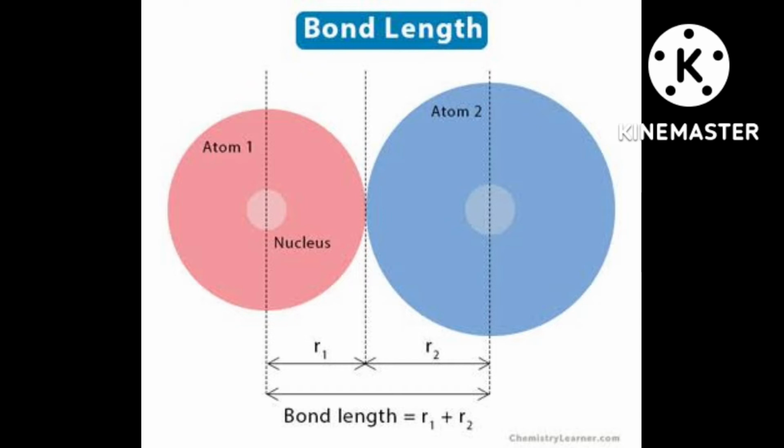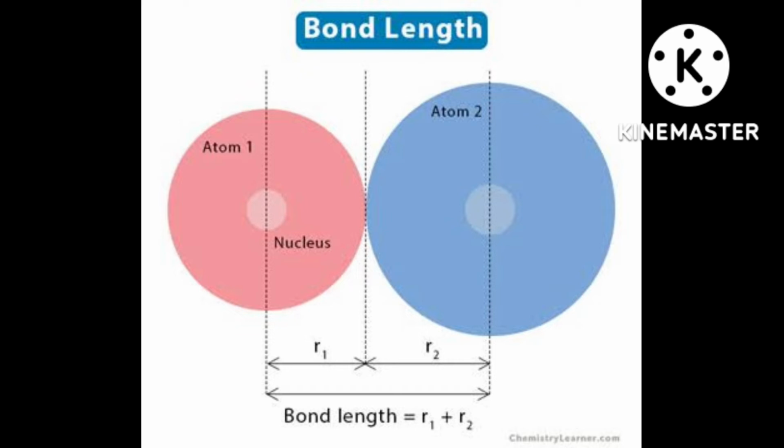Okay. Since the lattice enthalpies play a key role in the formation of ionic compounds, it is important that we should know more about it. Now, I am defining what is the lattice energy, or lattice enthalpy.